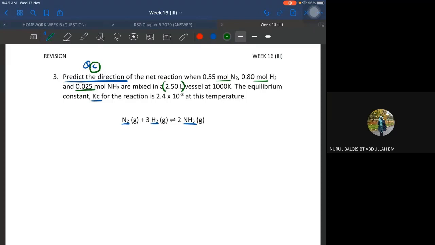Okay, so by calculating the concentrations for each species, for N2, you do the calculations yourself, I give you the final answer directly: 0.22 molar. Concentration of H2, you will get 0.32 molar. Concentration of NH3, you will get 0.01 molar.